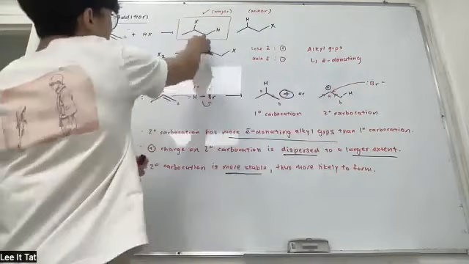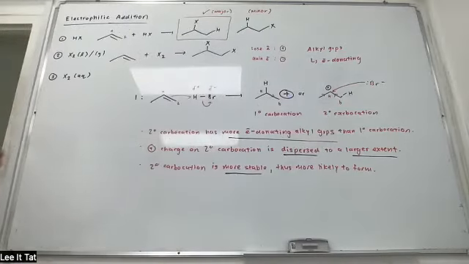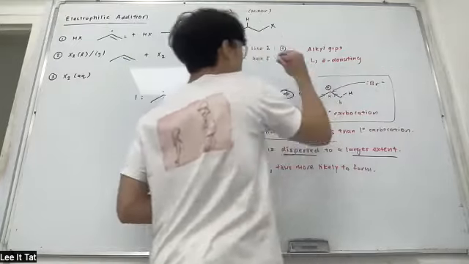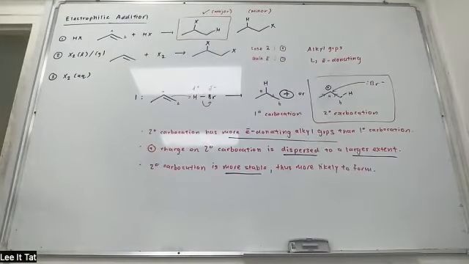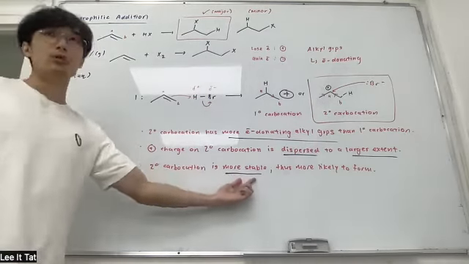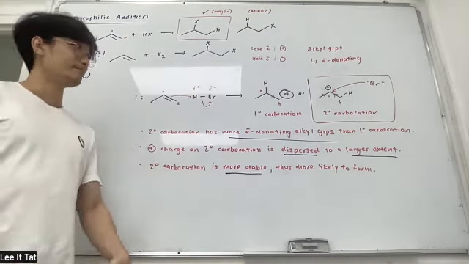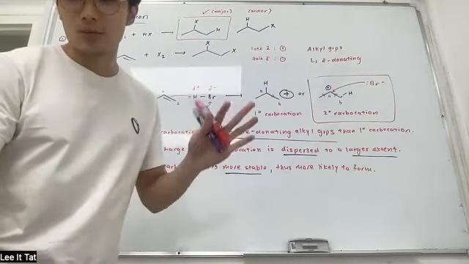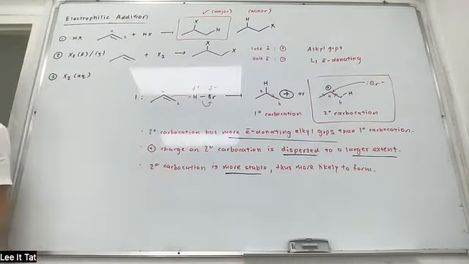And that's why this guy here is the major product. The secondary carbocation is what I am interested in. So that's Markovnikov's rule in general. Markovnikov's rule looks at the most stable carbocation. Finish. Any questions? Okay, so with that said, we look at page 23 and 24 now.